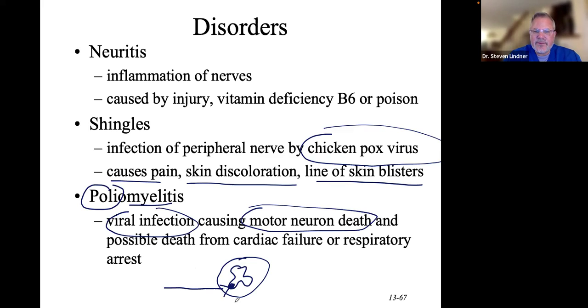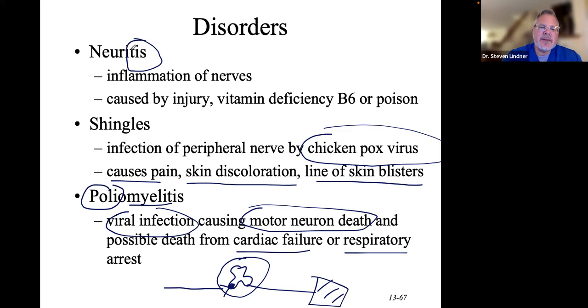When the virus affects the anterior horn, everything that comes out from the anterior horn goes to muscle. It's motor, right? The ventral roots, the ventral horns, that's all motor. So it's motor neuron death, and it doesn't just cause death to skeletal muscles, but it can cause death if it affects the heart and the diaphragm, because then you get cardiac failure and respiratory distress and arrest.